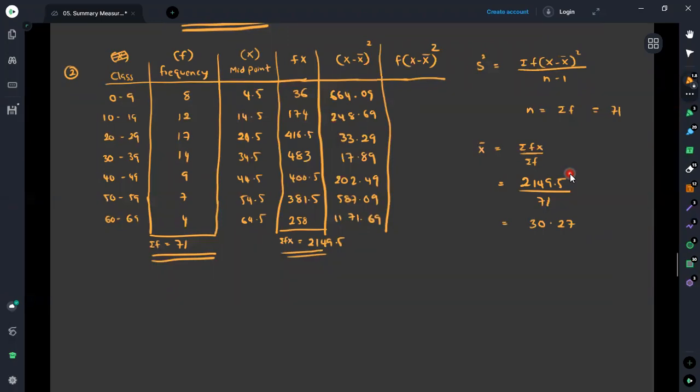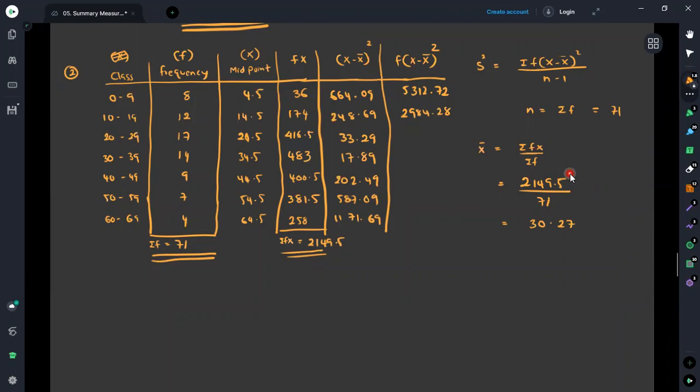Then the first value can be obtained as 8 times 664.09, which is equal to 5312.72. Then 12 multiplied with 248.69, it is 2984.28.